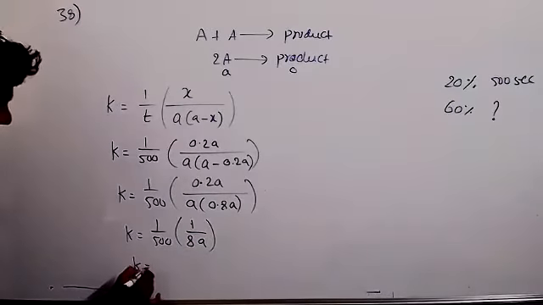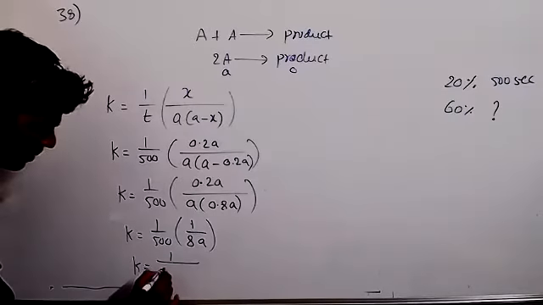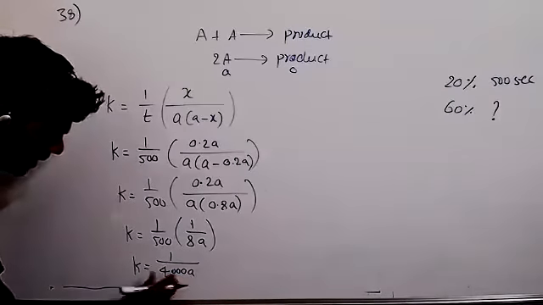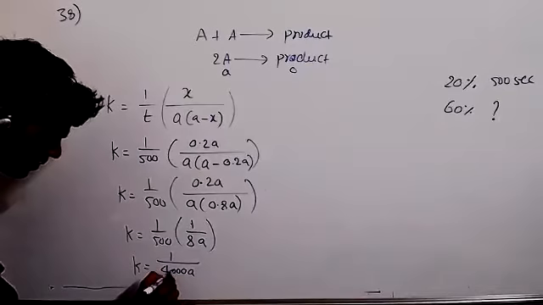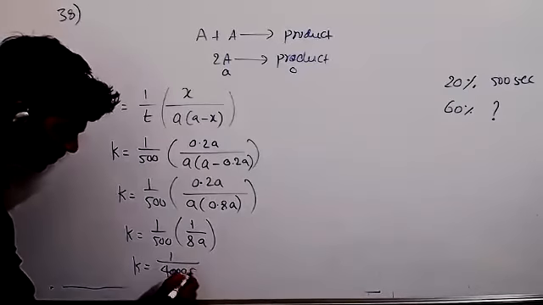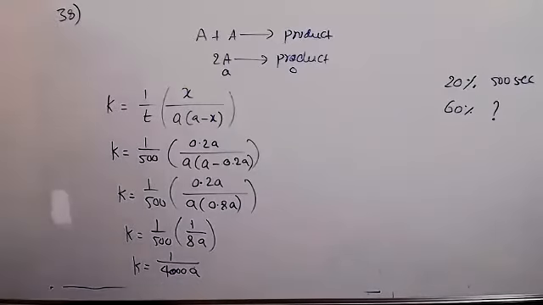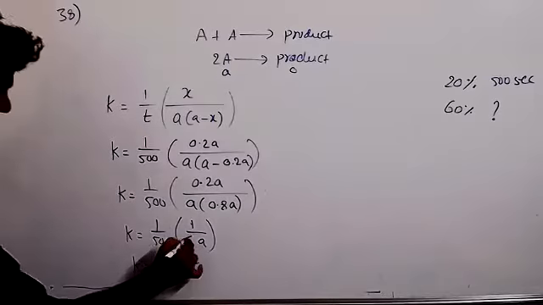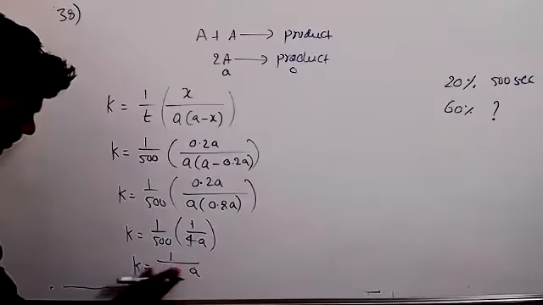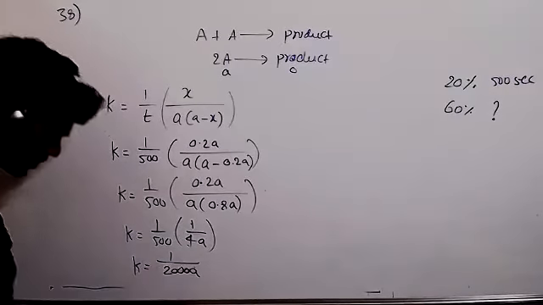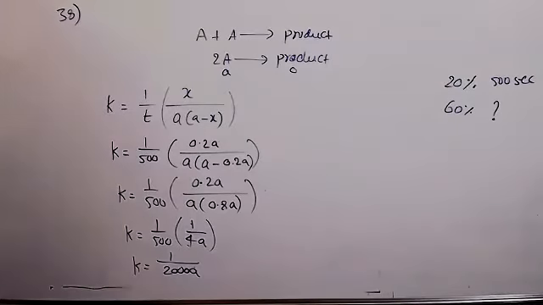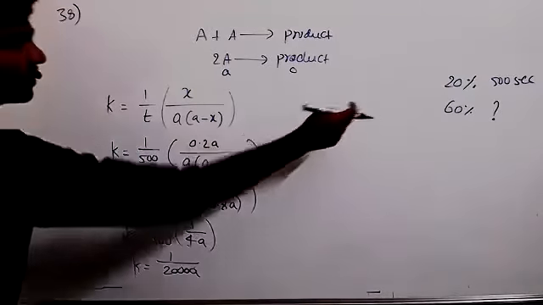So K is 1 by 2000 A. Yeah, correct. Now this K value we are substituting for 60%.